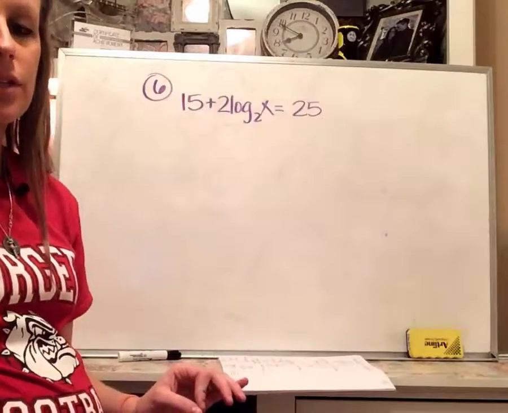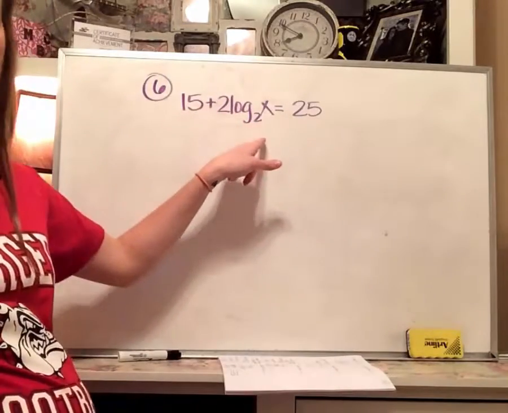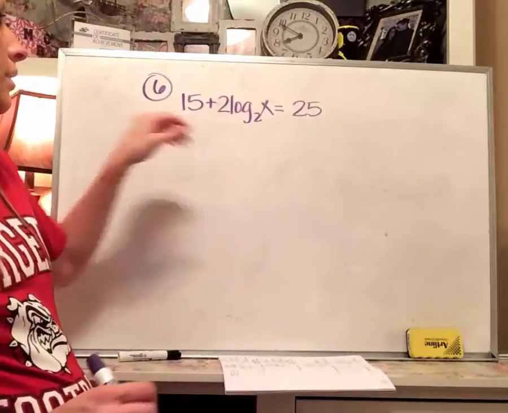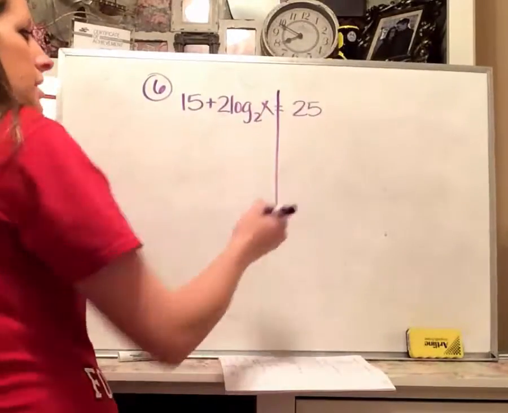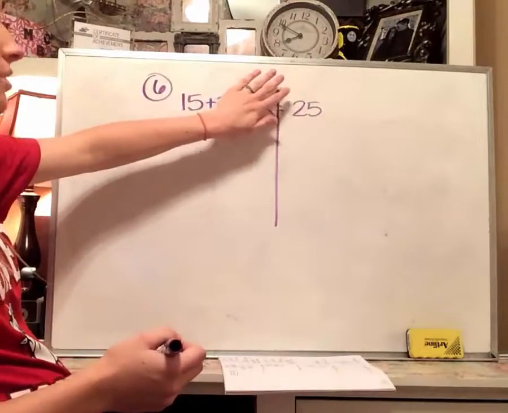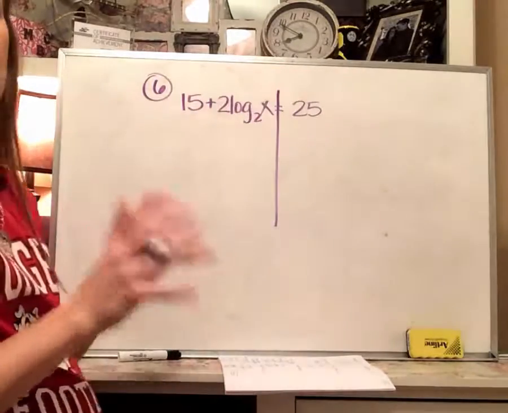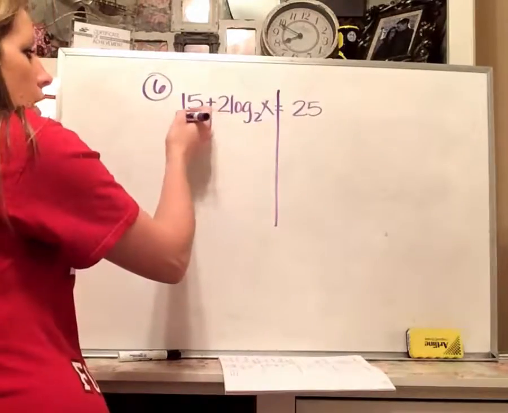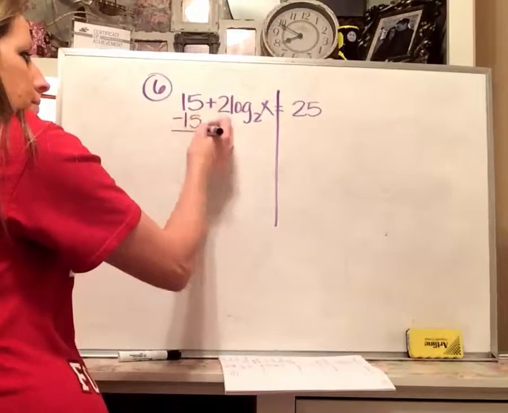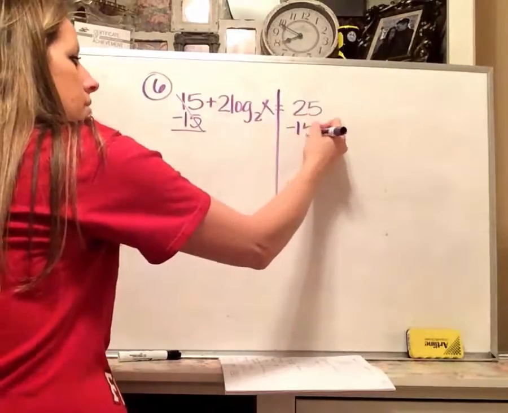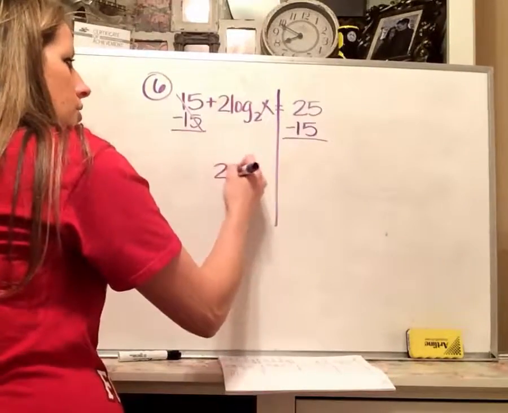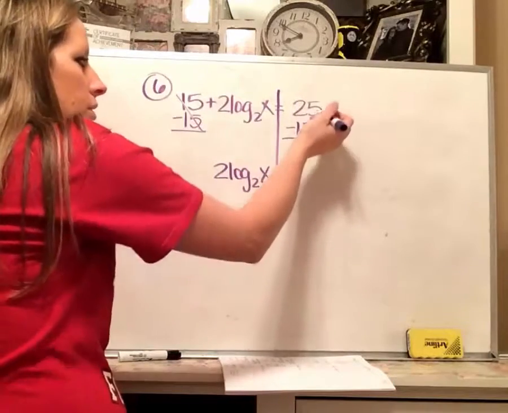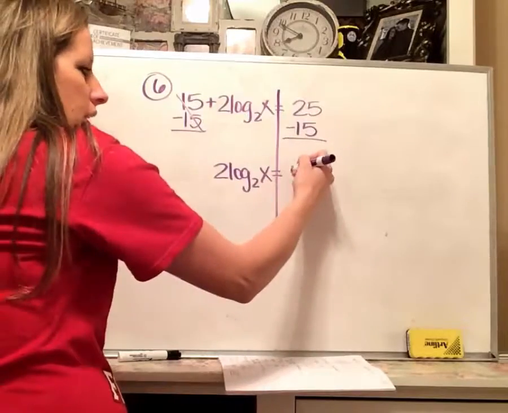Before I can put it in exponential form, I need this log by itself. So let's see, we're going to save this log for last. So if I'm trying to get everything away from it, I'm trying to get that log by itself on that side. So I'm going to subtract 15 from both sides. Okay, so I get 2 log base 2 of x equals 25 minus 15 gives me 10.